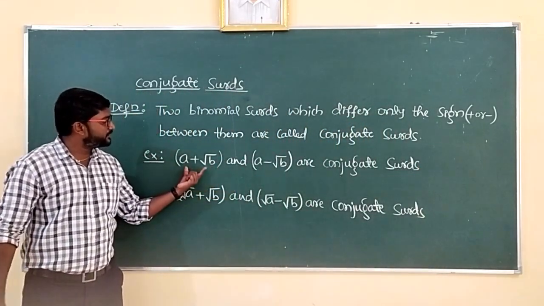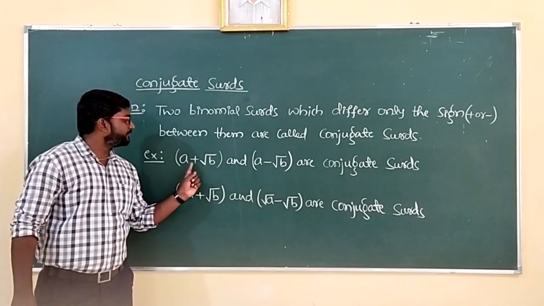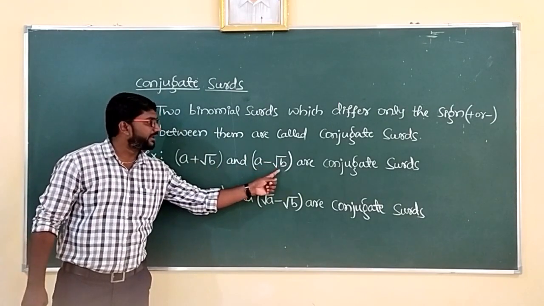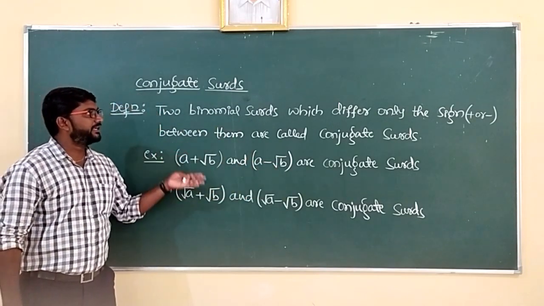See here, these two binomial surds differ only in the sign. Here it is plus and here we have the minus. So this is all about the conjugate surds.